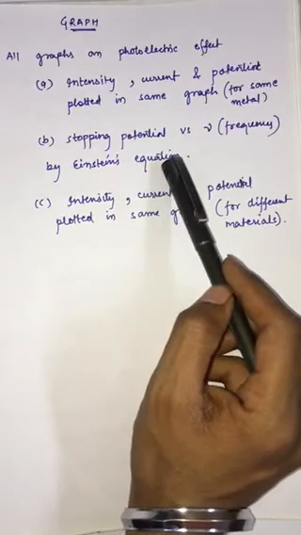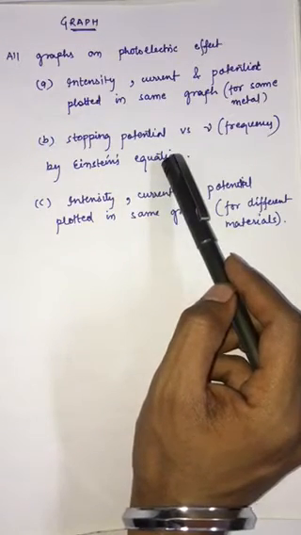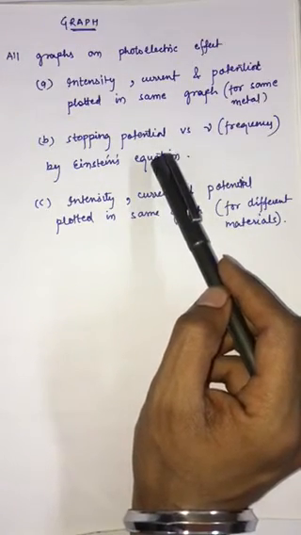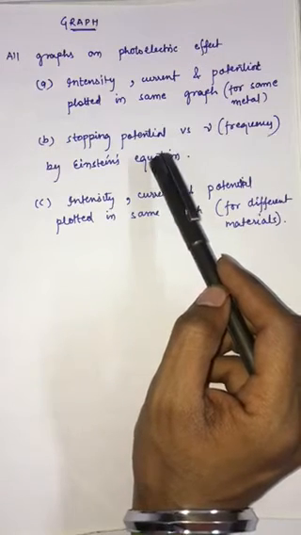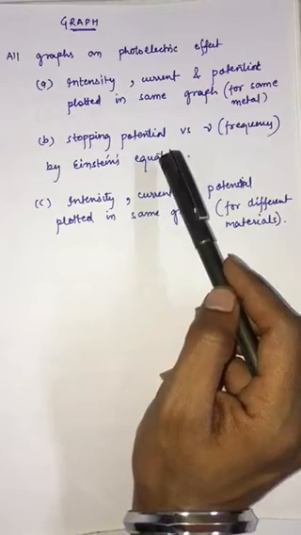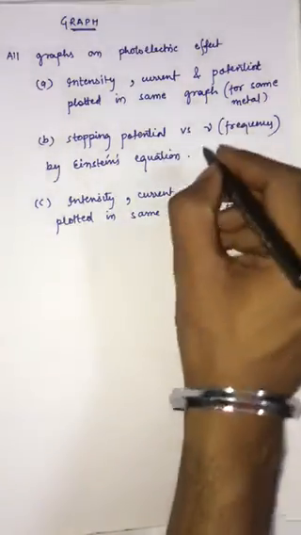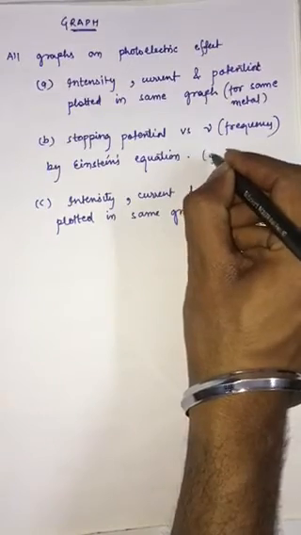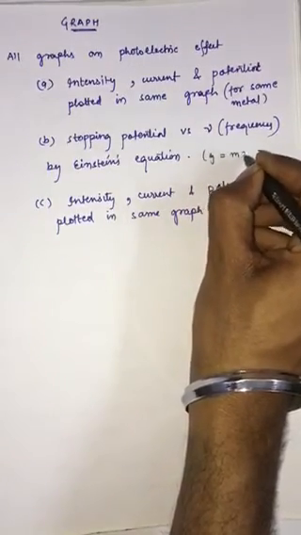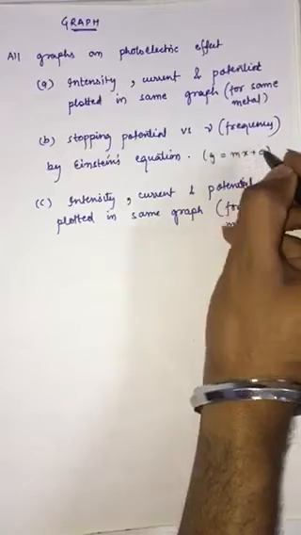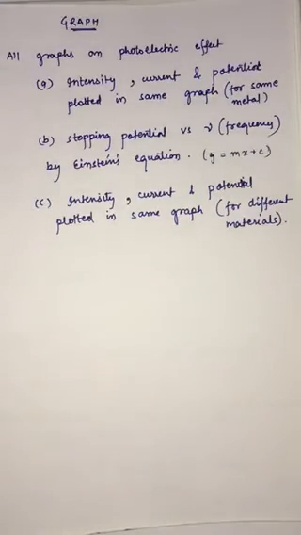So when you compare Einstein equation with the equation of a curve, that curve comes out to be a line. So you'll break it into a general form, that is y equals mx plus c, and you'll find that you'll get a line with some y intercept in the negative direction.